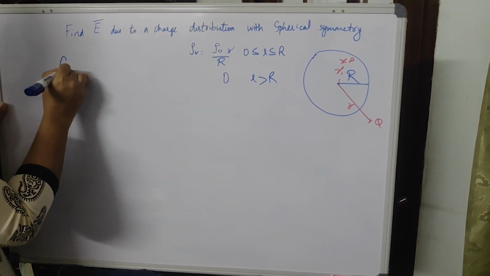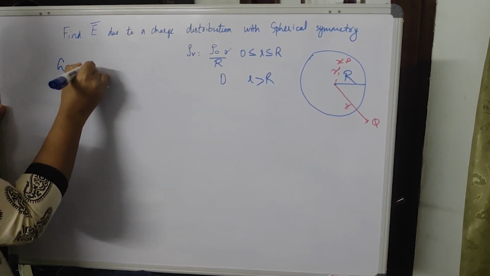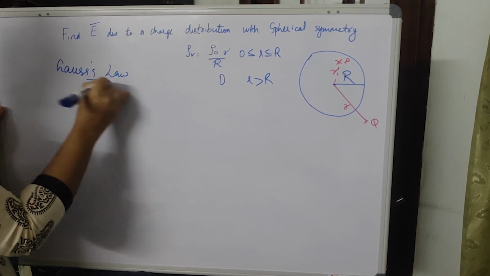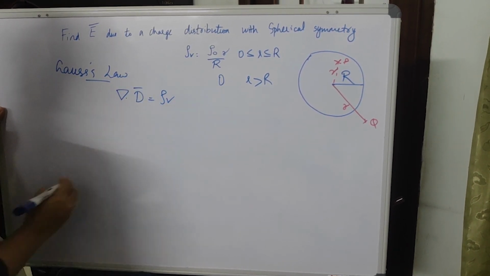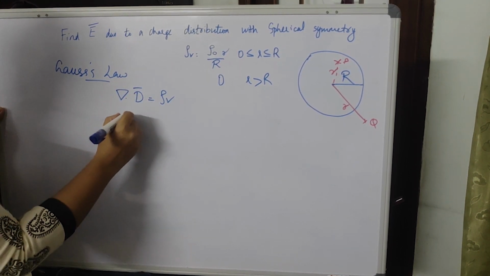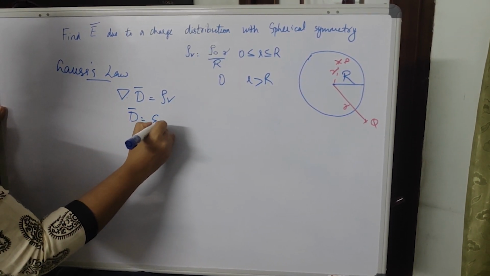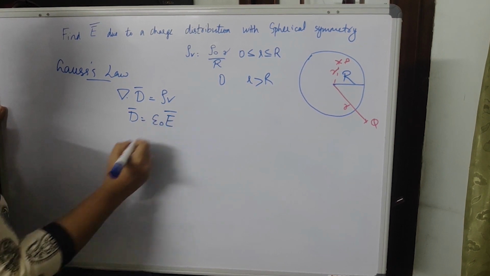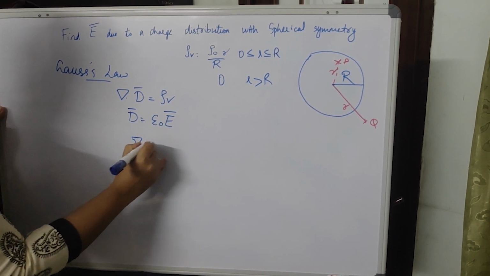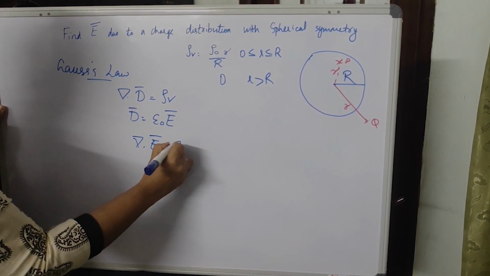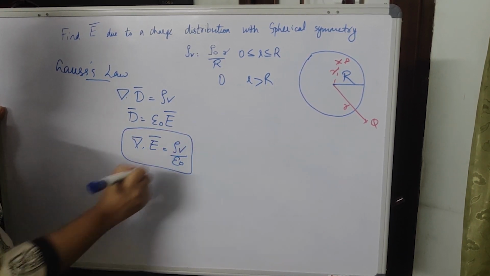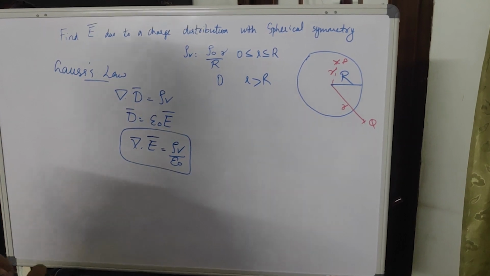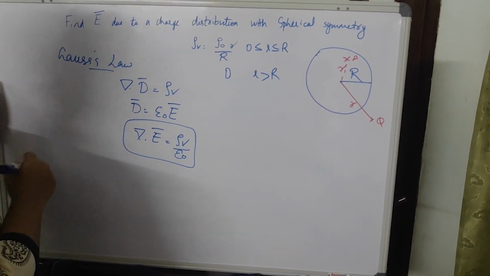So first, to recall what Gauss law is: del dot D is equal to rho V. Again, D is given by epsilon 0 E, so you can write del dot E is equal to rho V by epsilon naught. This is the equation which you have to apply.